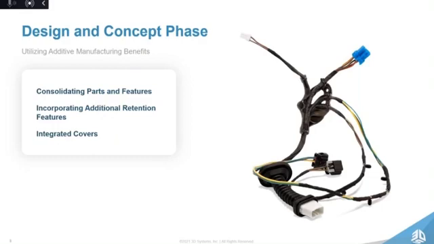It means that the features of the parts being designed and manufactured via additive manufacturing can be considered throughout the whole life cycle of the product, not necessarily just in its intended use. So from manufacture and processing to installation and end use and even servicing and replacement.